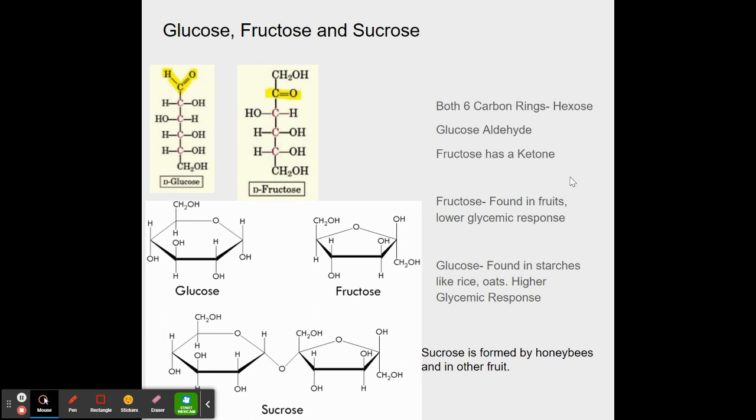Fructose is found in fruits and has a lower glycemic response. Fructose actually goes into the liver and gets converted to glucose. It takes a long time for the fructose to convert into glucose, and our liver has enzymes and pathways that we'll talk about that turn fructose into glucose. Fructose is unusable to us as energy; glucose is the usable energy.